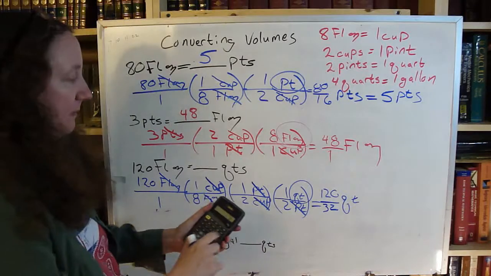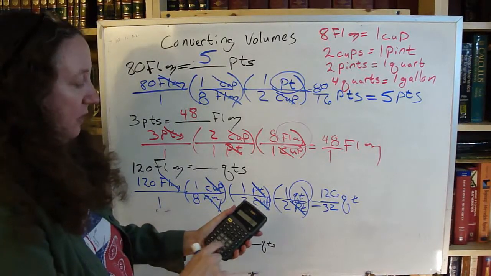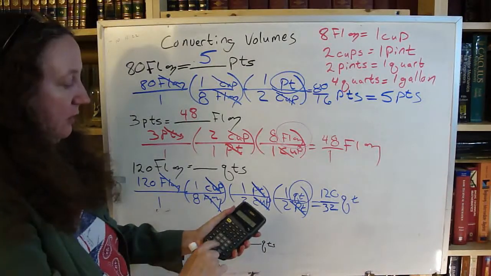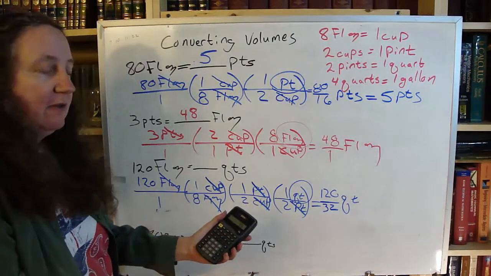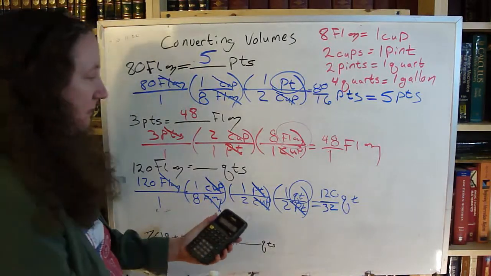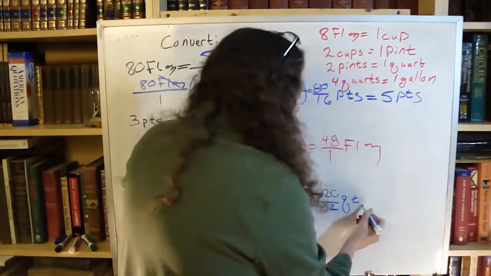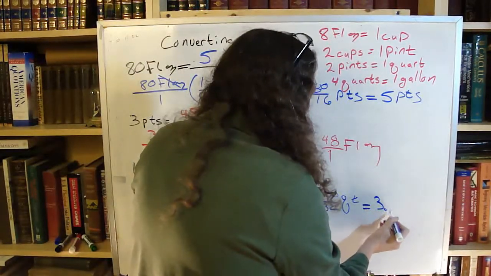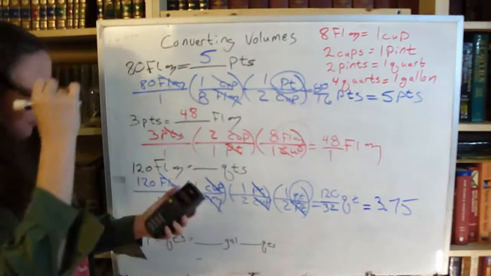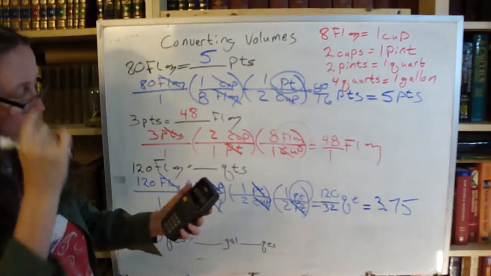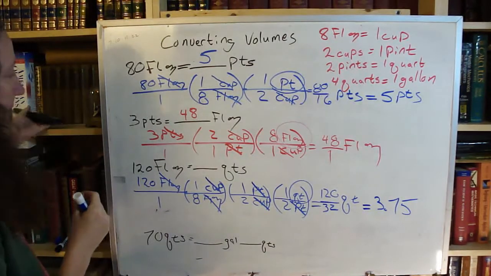So I grab it. 120 divide by 32 equals 3.75. Make sure I got the decimal point in the right spot. I do.